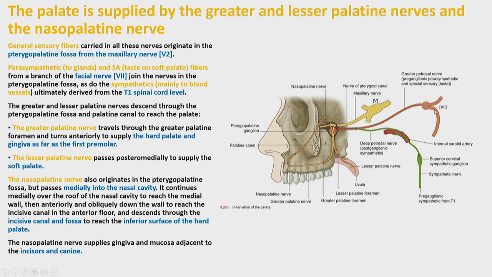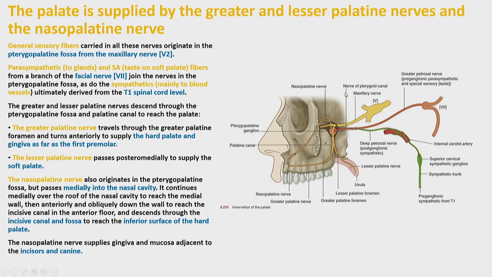So as you see here, in the facial nerve we said that we have the anterolateral section, posterolateral section, and descending section. Between the anterolateral and the posterolateral is the genu or geniculum, and here is the area that gives the greater petrosal nerve, which joins with the sympathetic nerve called the deep petrosal nerve, arising from the T1 segment of the spinal cord.